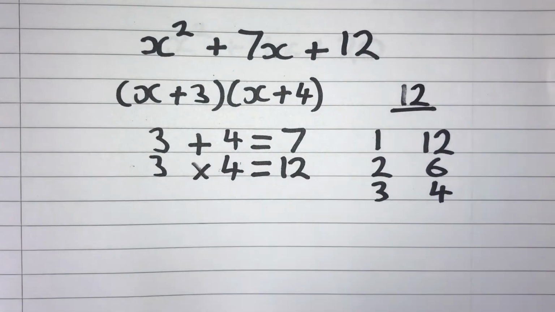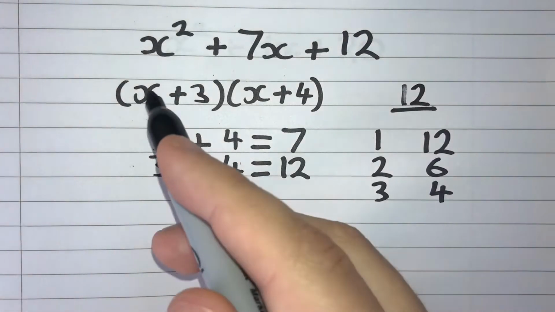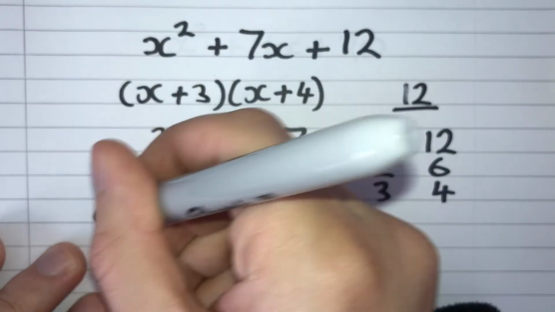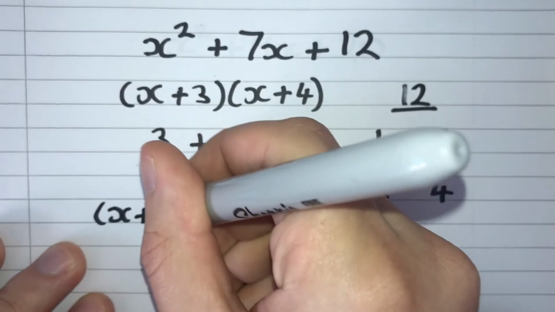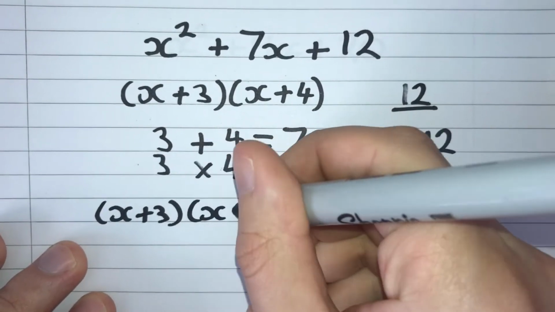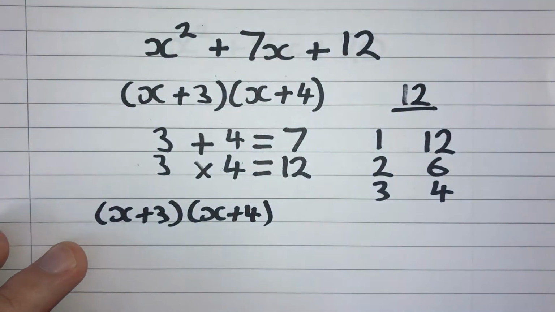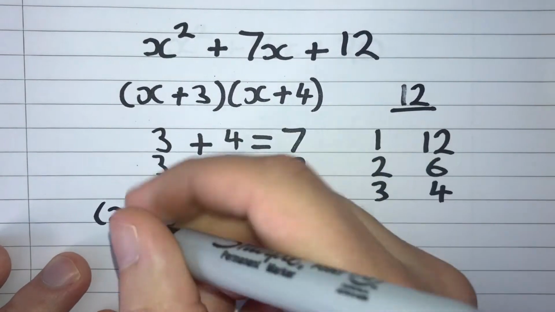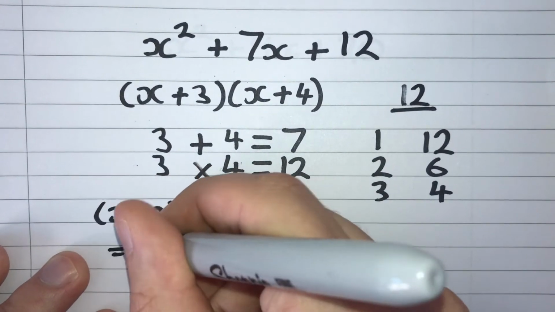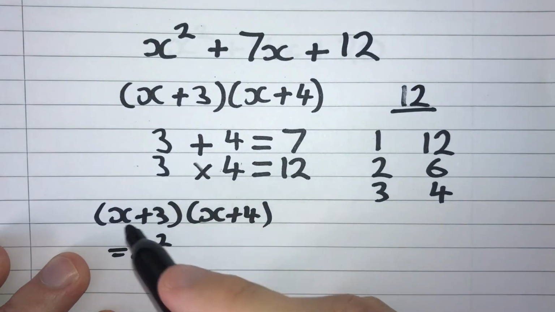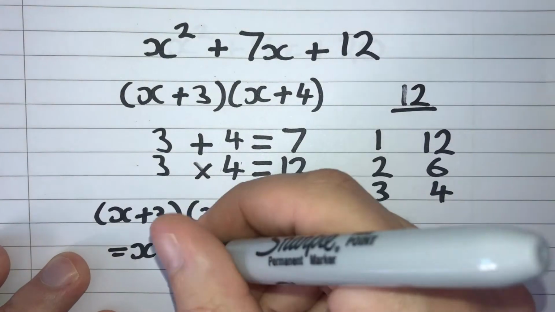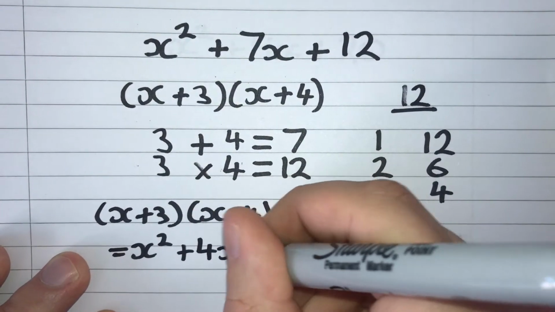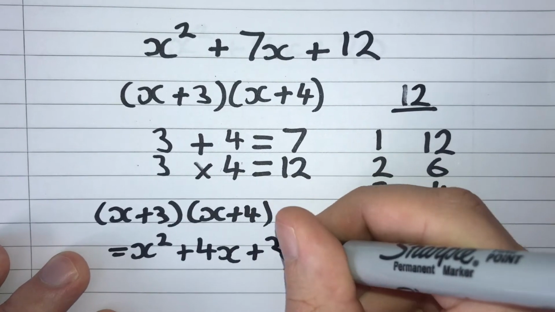Now, we can double check that we've done this correctly by multiplying out these two brackets. So let's rewrite it down here, x plus 3, x plus 4. And now if we were to multiply these two out, we'd multiply our two x's together, which would give us x squared. We'd multiply our x and our 4, so we'd get plus 4x. We'd also get a plus 3x.